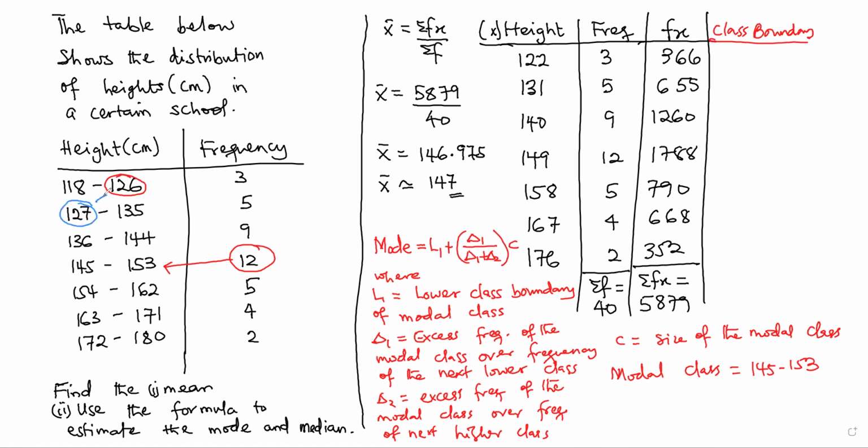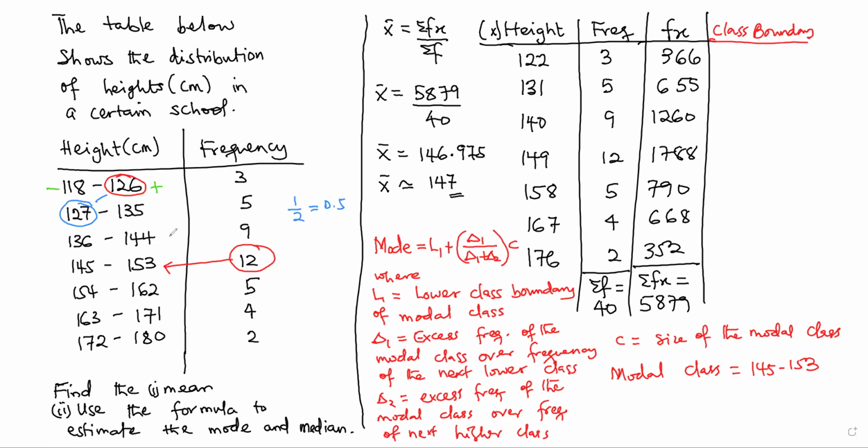You subtract them, and whatever value you get, you divide by 2. So 127 minus 126 gives me 1. 1 divided by 2 gives 0.5. Then you subtract that from the lower class limit and add it to the upper class limit. Subtract, you add, in that order.